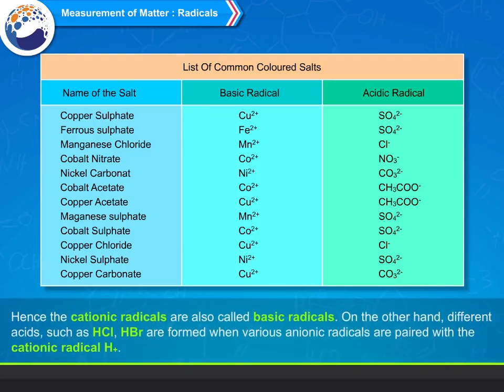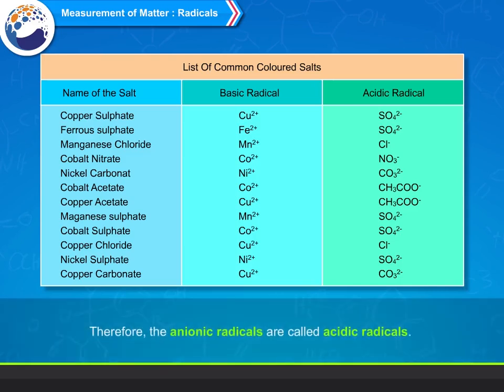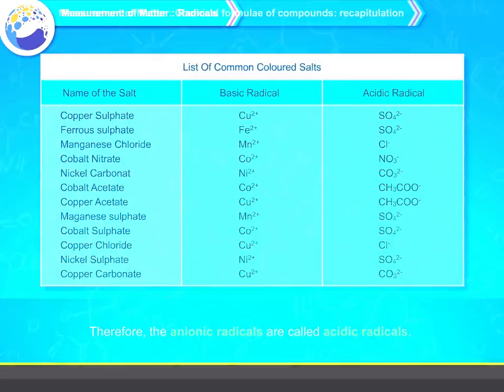Hence, the cationic radicals are also called basic radicals. On the other hand, different acids such as HCl, HBr are formed when various anionic radicals are paired with the cationic radical H. Therefore, the anionic radicals are called acidic radicals.